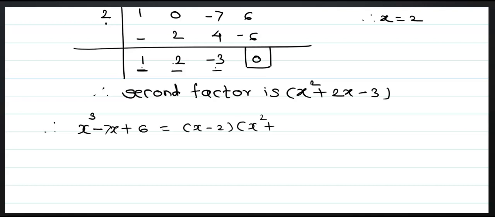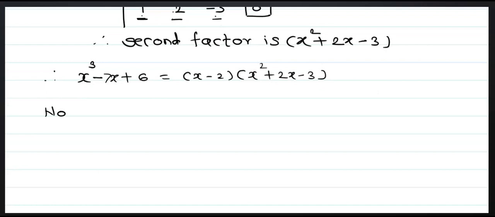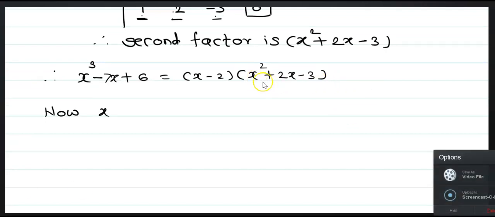The factors of x cube minus 7x plus 6 are x minus 2 and this. Also we can factorize this x square plus 2x minus 3. What will be the factors? In the first bracket x plus 3, in the second bracket x minus 1.